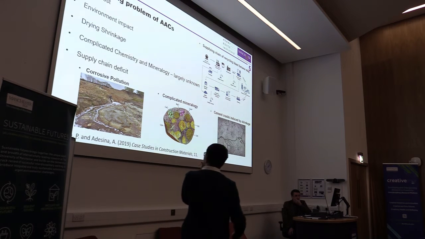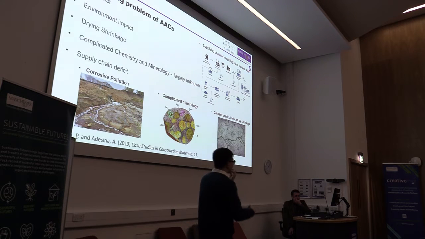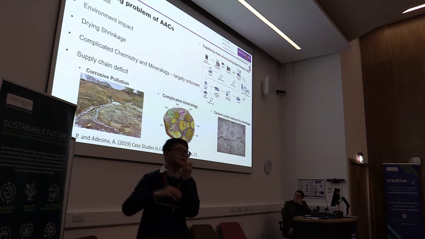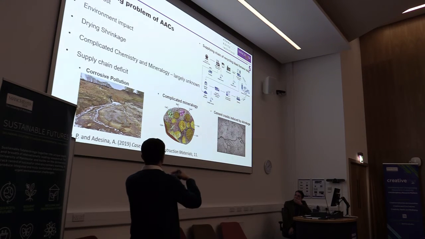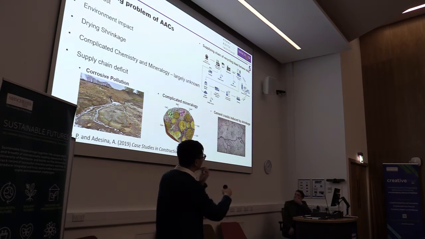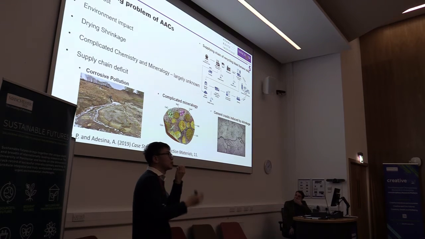Also, incomplete understanding of the chemistry and mineralogy of alkaline activated cement limited their application. We just know what they are and what performance they have, but we don't know why.